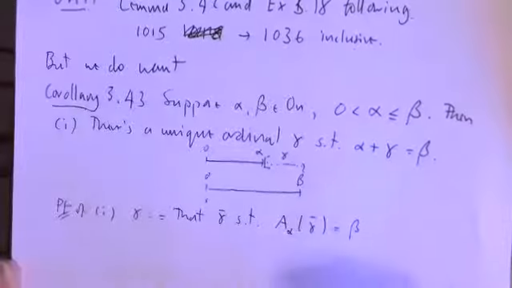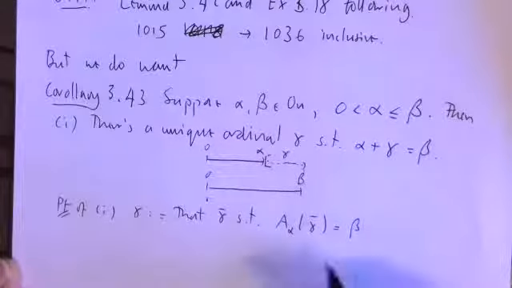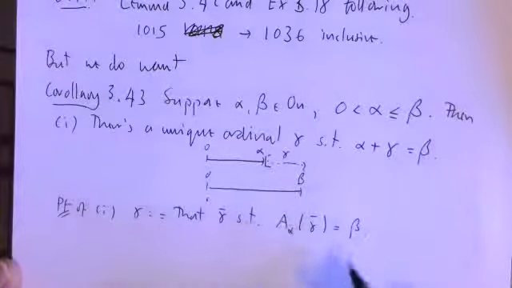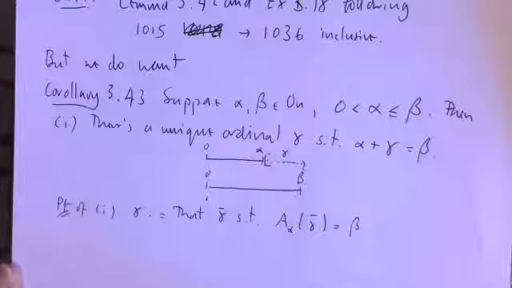Right? But you could sort of say, well, how do I know there's a gamma like this? Maybe the addition function hops over beta or something. Maybe it just misses beta out.